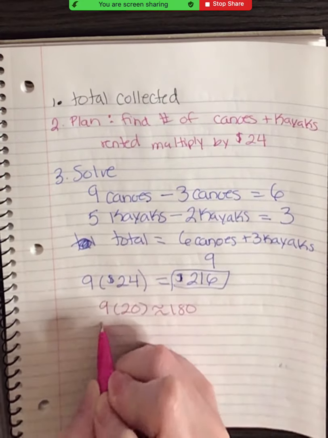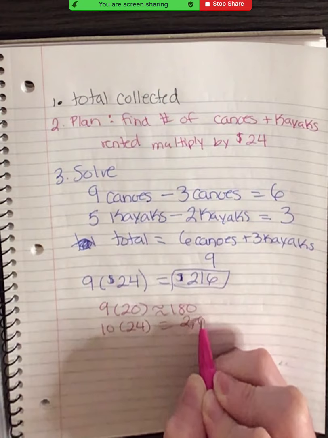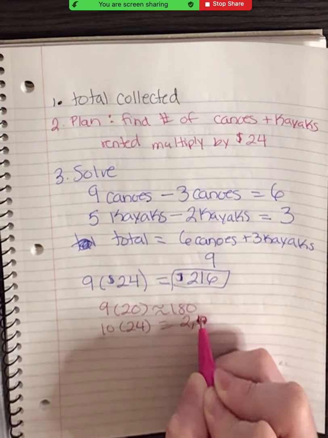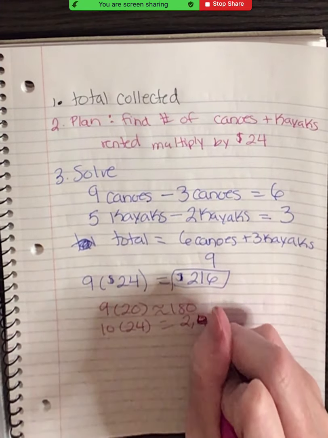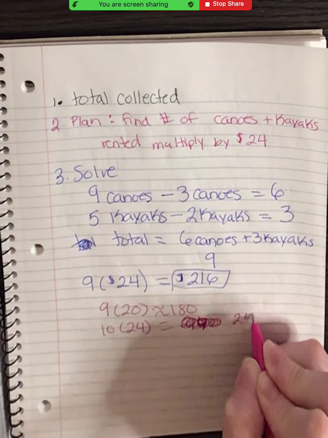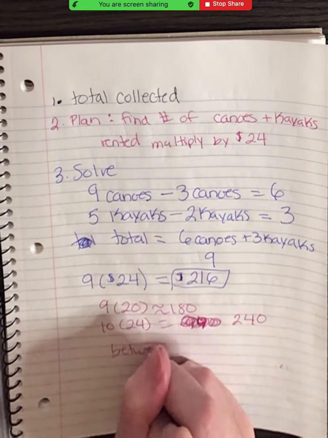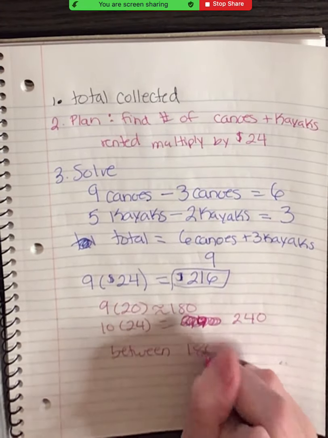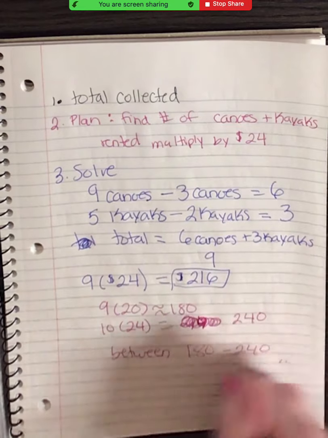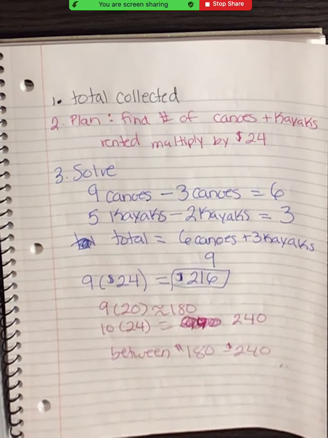Or if you did 10 times 24, 10 times 24 is 240. So between 180 and 240 would be a reasonable amount, and so that makes sense.